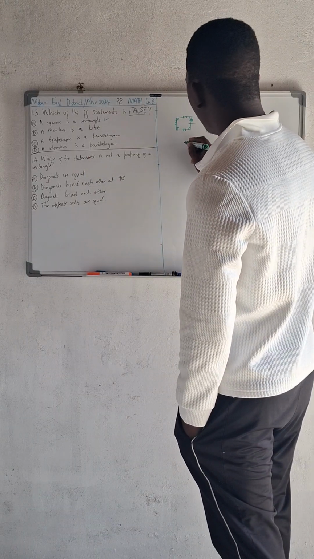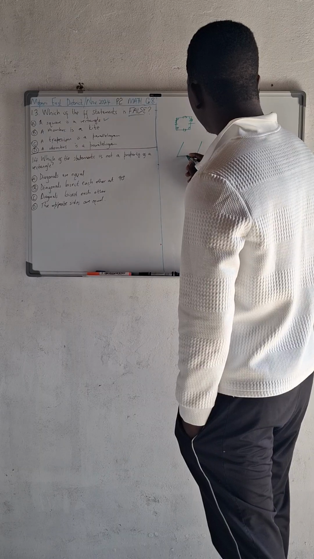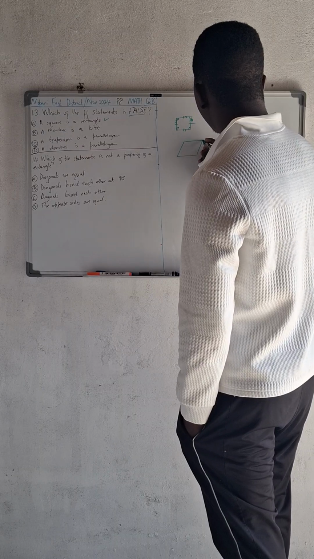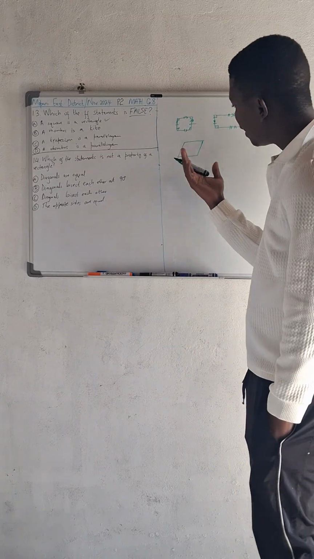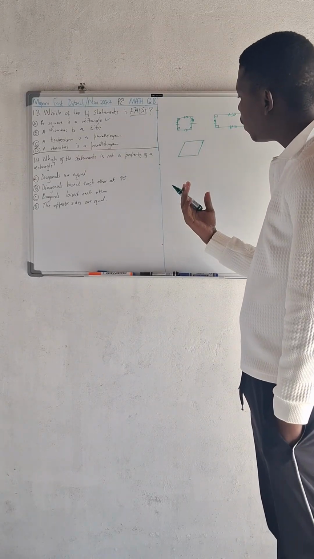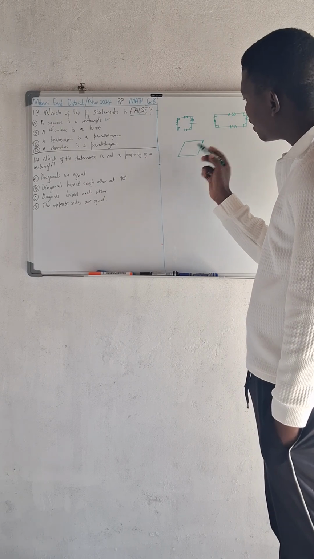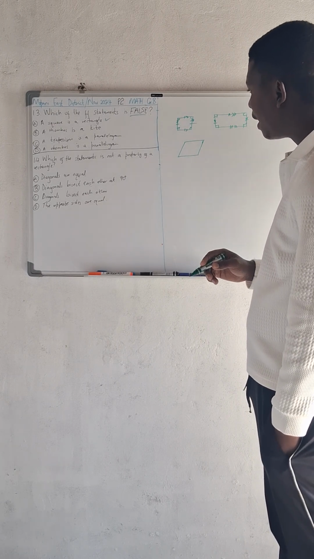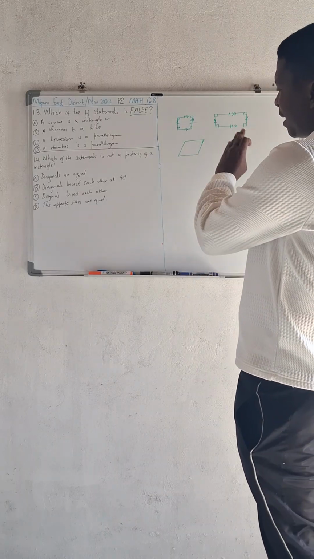Let's go to rhombus. Again, a rhombus is almost like a square. All sides are equal, but only the opposite angles are equal. Not all of them are equal. It is not like a square, it is slanted a little bit.